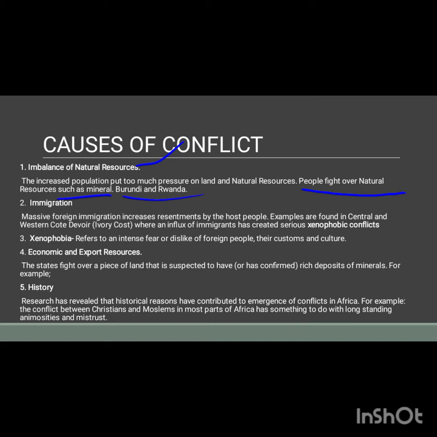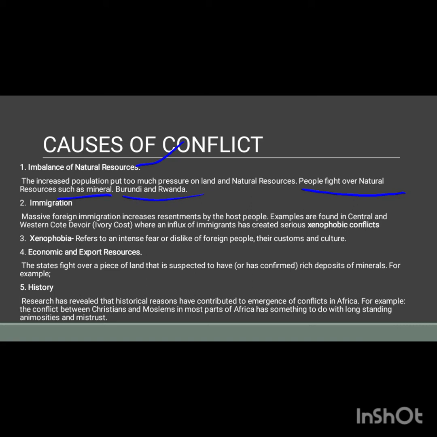Zambia fights over a certain land with Congo. See there, where Zambia makes a cave on the Copper Belt province side. There is Copper Belt province, Ndola, then there is a cave that side. So Zambia and Congo have been fighting over that land.